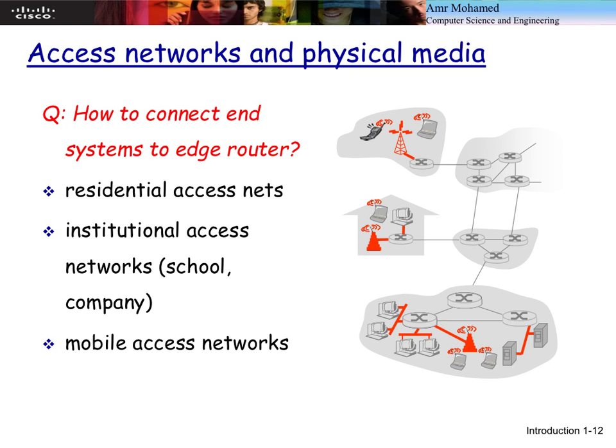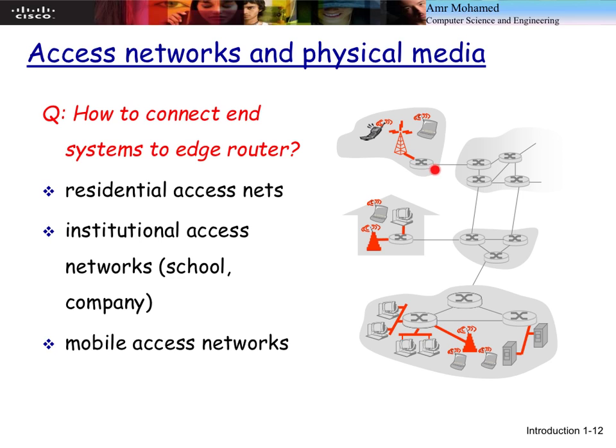We started also talking about access networks, and we said that access networks are the edge networks that are used to connect the end devices to the edge router, which is at the premises of the internet service provider.